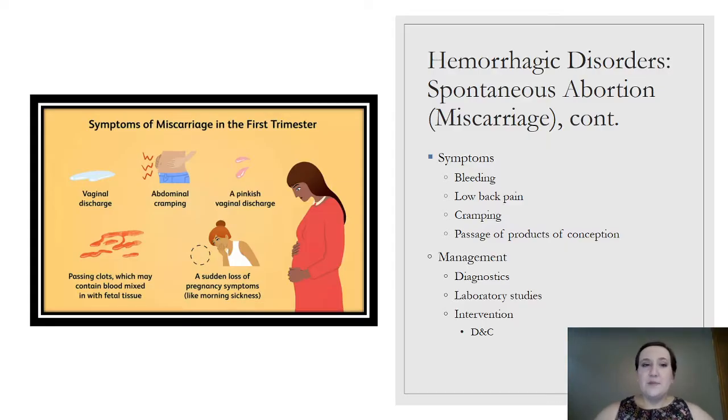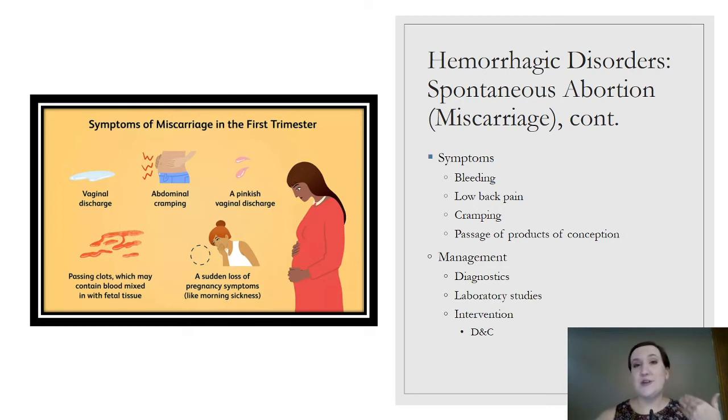So, symptoms of miscarriage. How does a woman identify that she was potentially pregnant or was pregnant and has suffered that loss? The symptoms with a miscarriage are really dependent upon how far along that woman is in her gestation.